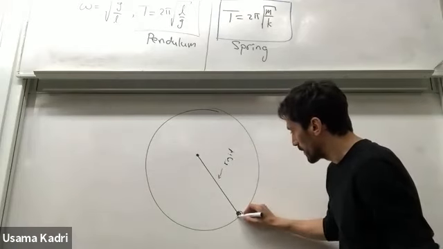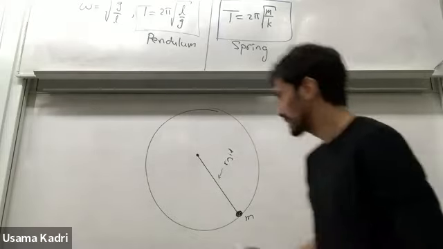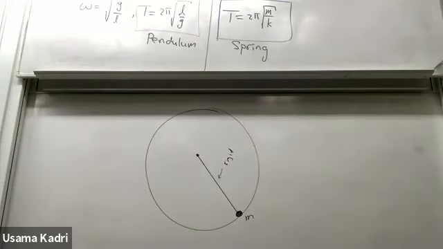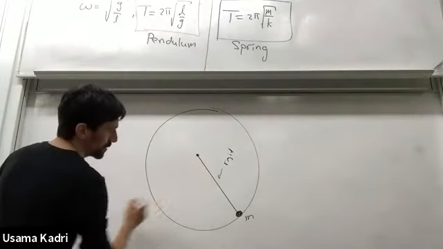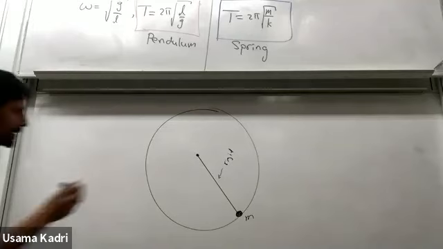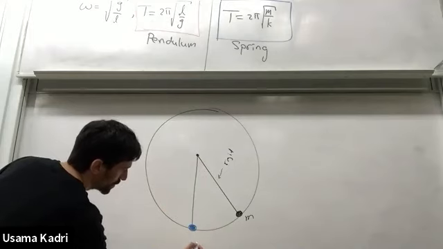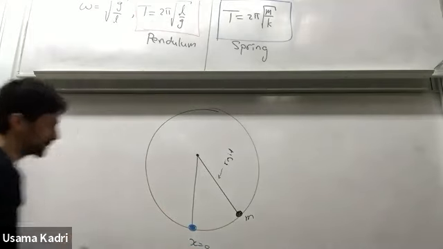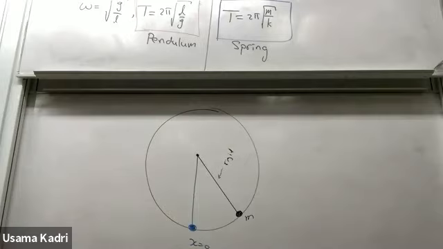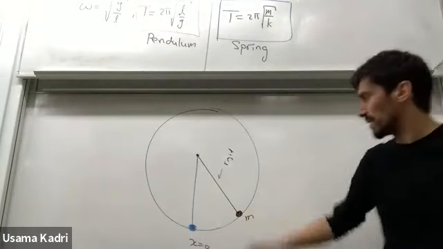And you put a mass here, mass M. The pendulum actually starts at this location. So you can call it at x equals 0. And it's not oscillating. It's just standing there.